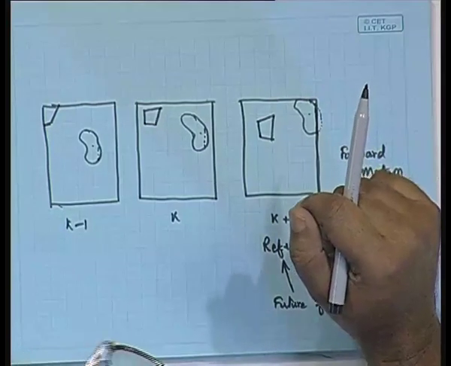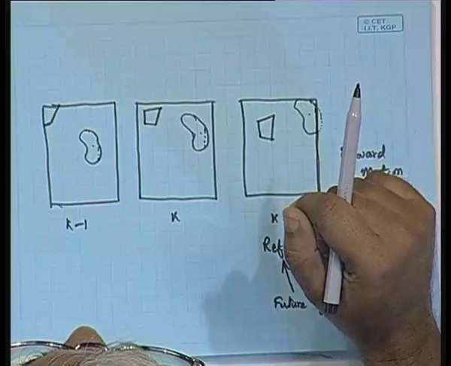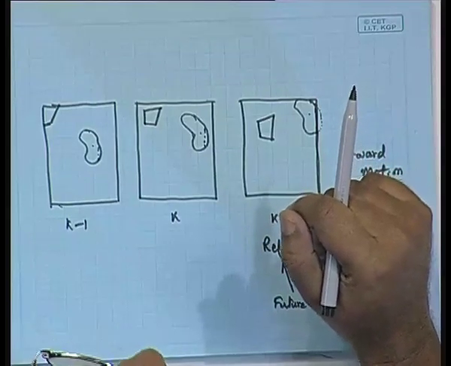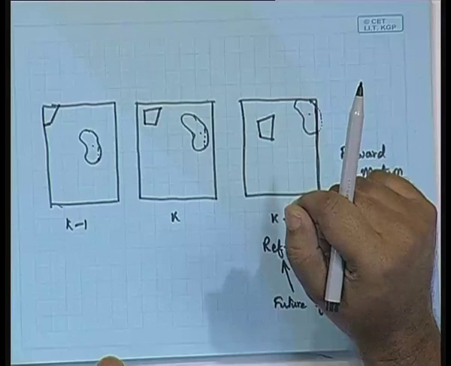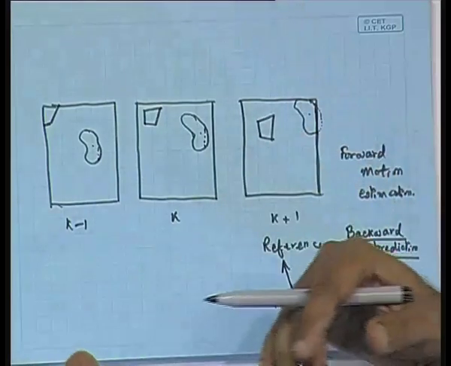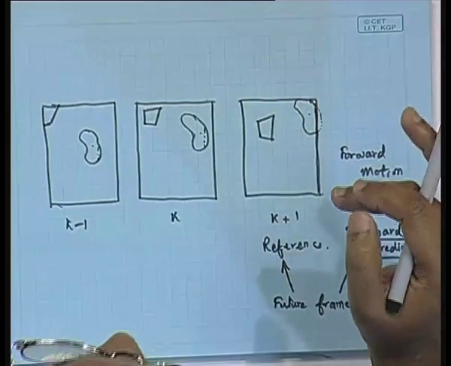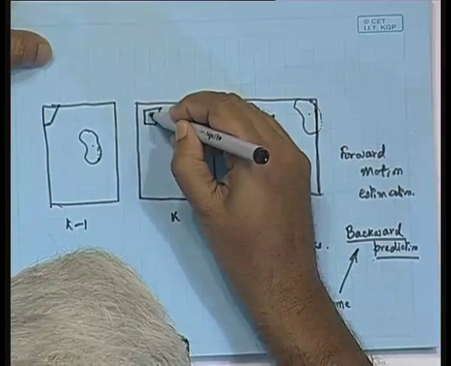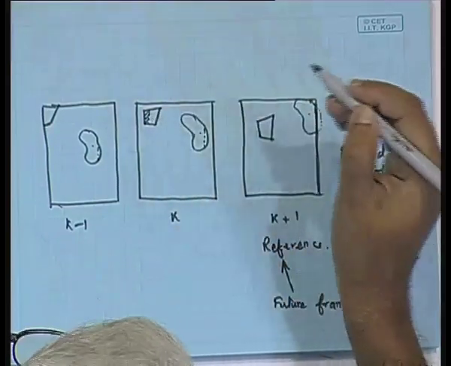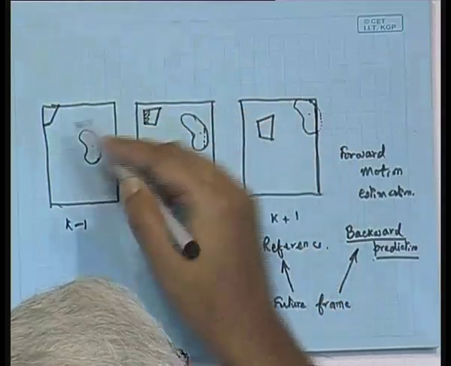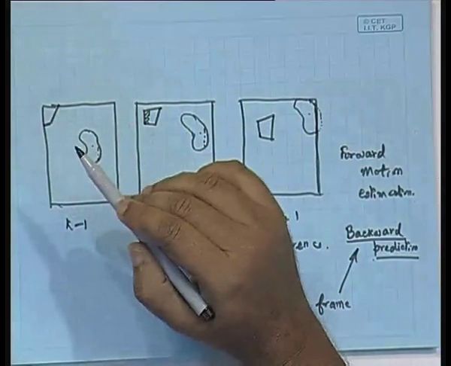How the object moves is not something we can really tell, because these are physical objects. They may be out of screen and slowly come into the screen, or they may be inside the screen and go out of it. Either of these two cases can happen. When we have some occlusion, we cannot have any prediction for this region of the object, because simply this region is not available in the previous frame.